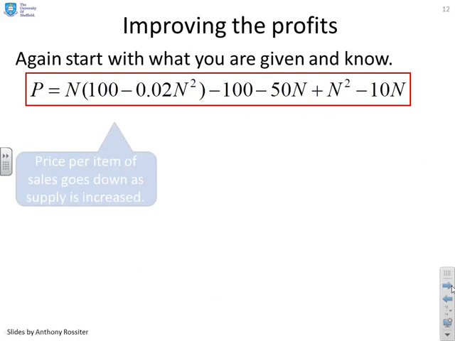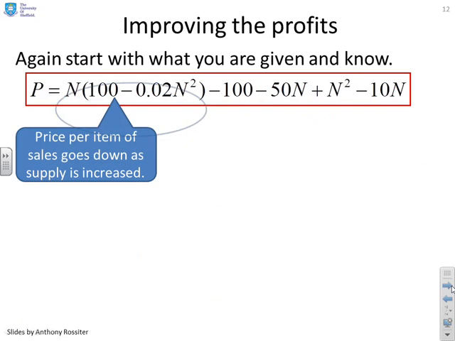So there's my equation for profit, and the bit on the left was the price per item of sales. You'll notice this goes down as the supply is increased. So you pay less per item as you get more items. However, there's something a bit subtle here.